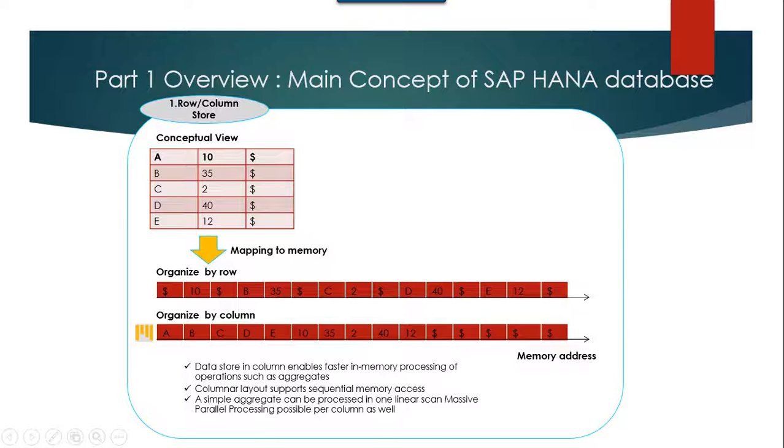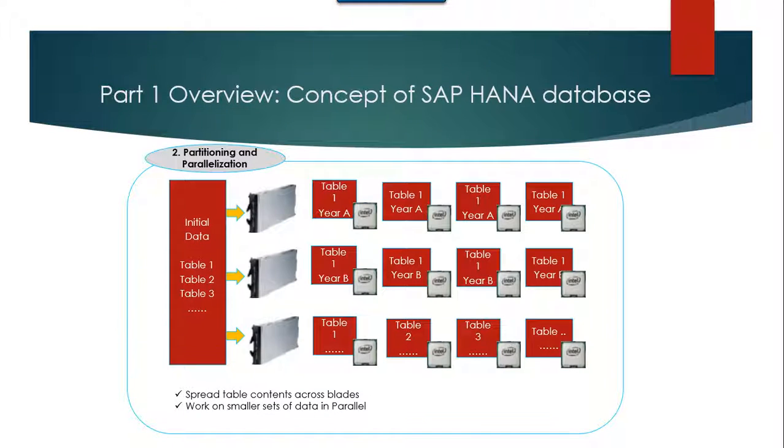Data stored in columns is much faster, enabling faster in-memory processing of operations such as aggregate. Columnar layout supports sequential memory access. A simple aggregate can be processed in one linear scan. Massive parallel processing is possible per column as well.